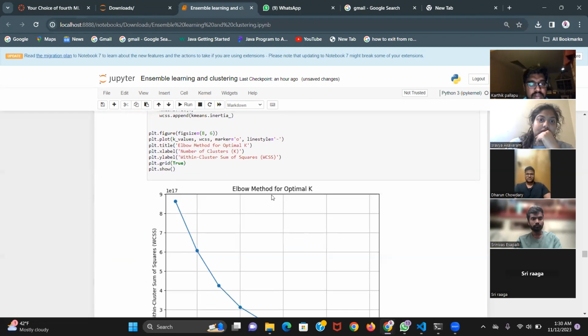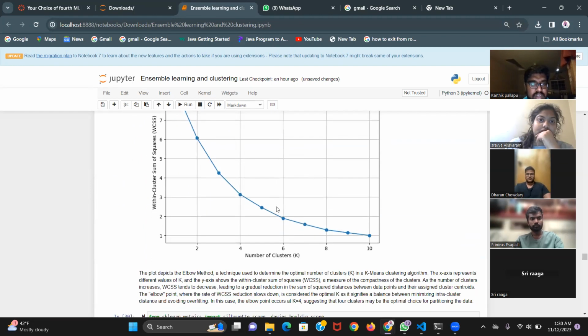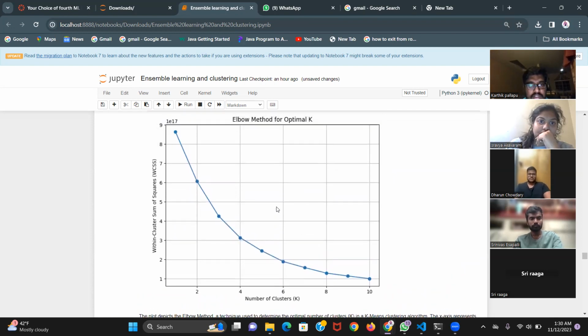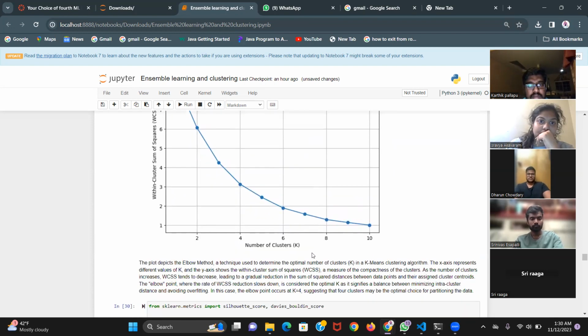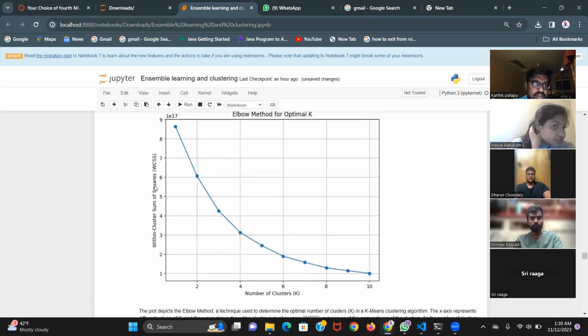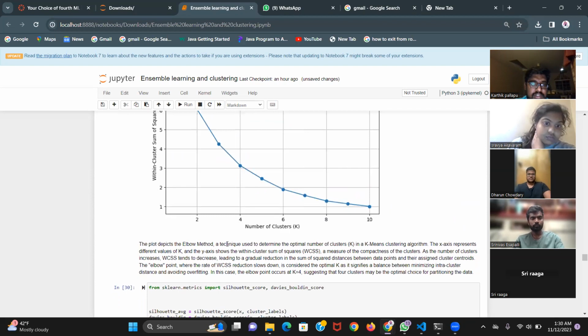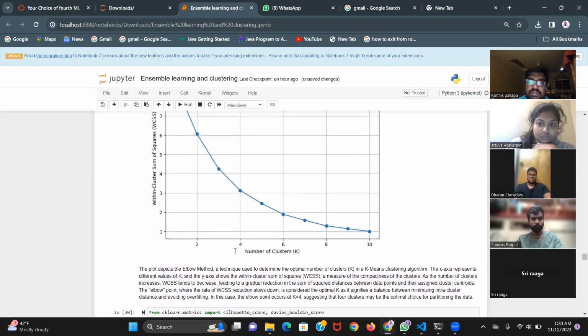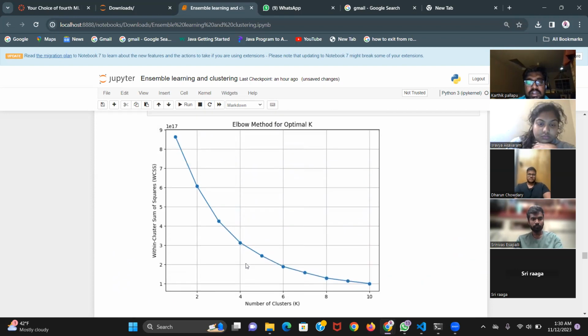So now we're using the elbow method in k-means clustering. The elbow method is nothing but finding the optimal k, like how to determine the optimal number of clusters in the k-means algorithm, and the x-axis represents the number of clusters k, with the within-cluster sum of squares.